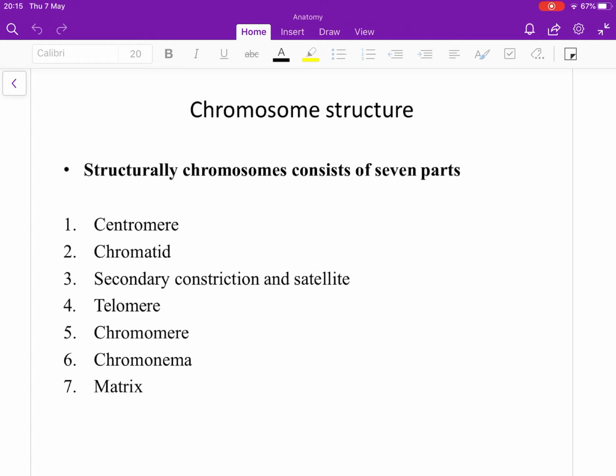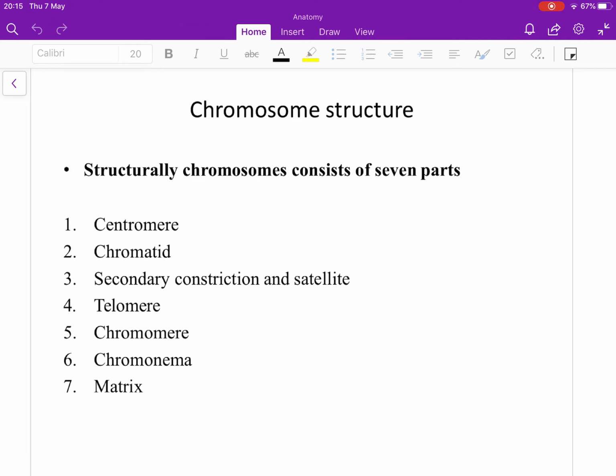Hi guys, our today's topic is the structure of chromosome. This structure is best visible during metaphase, as during metaphase these chromosomes are highly condensed. So, this structure is most visible during metaphase.